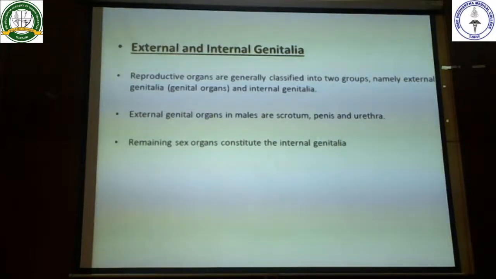These three things constitute the external genital organs in males. Whichever remain are considered the internal genitalia. So this is about the external and internal genital organs in males.